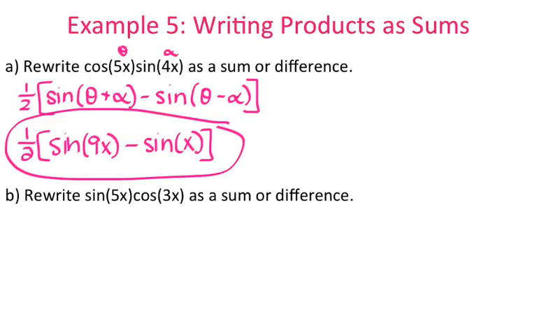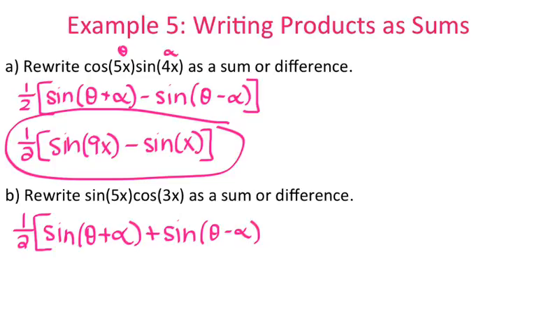For the second one, I have sine times cosine, so I'm going to write down that formula that I'm using. So that's 1/2, sine times cosine is sine of theta plus alpha plus sine of theta minus alpha.